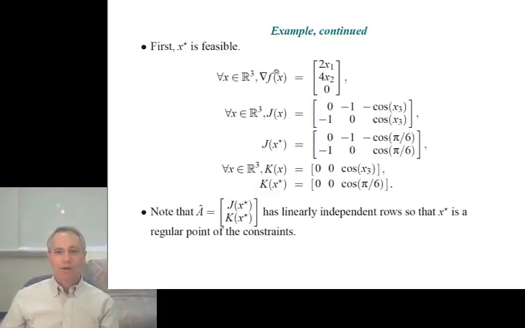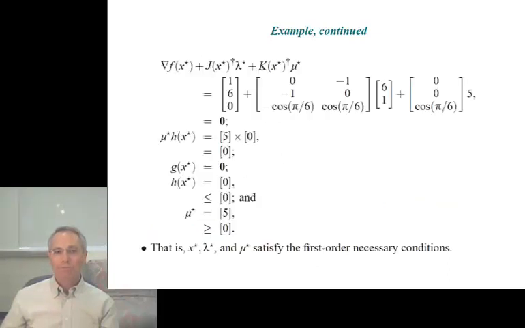Let's check it out. The gradient of f is 2x1, 4x2, 0. We can evaluate the Jacobian of the equality constraints at x star. We can evaluate the Jacobian of the inequality constraints at x star. If we combine all of the rows of J at x star together with the row of K at x star, the inequality constraint is binding, we find that that 3 by 3 matrix has independent rows, so x star is indeed a regular point.